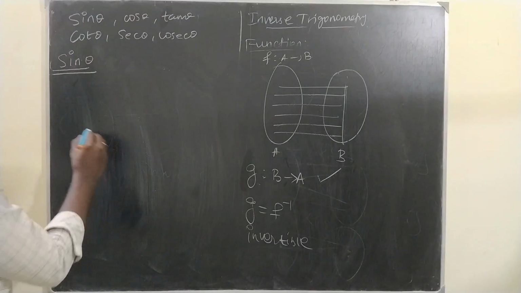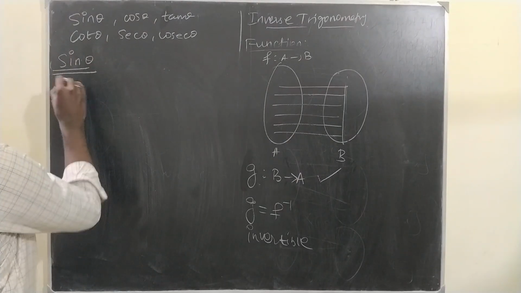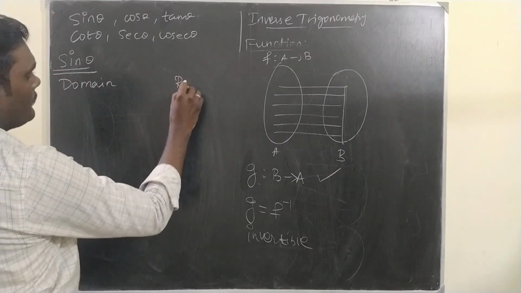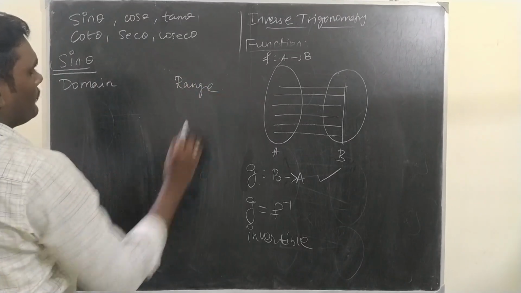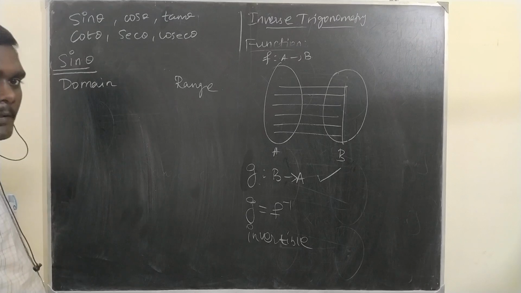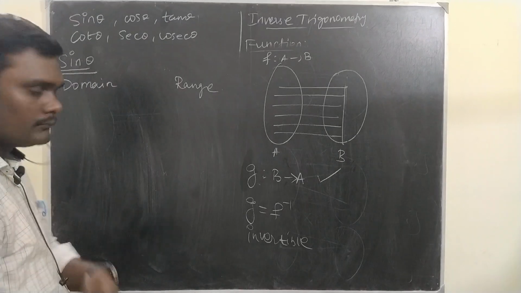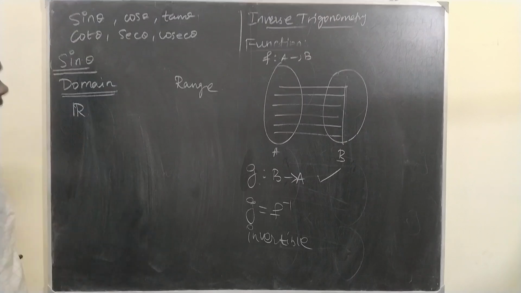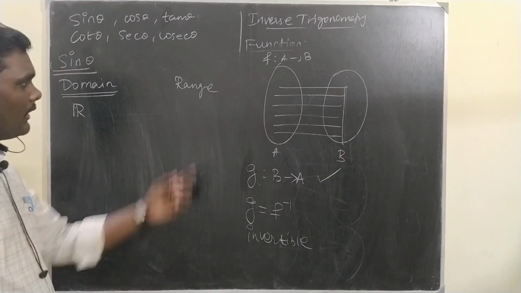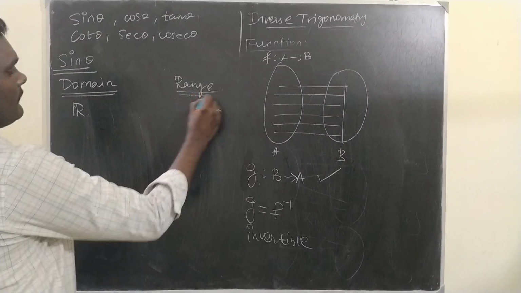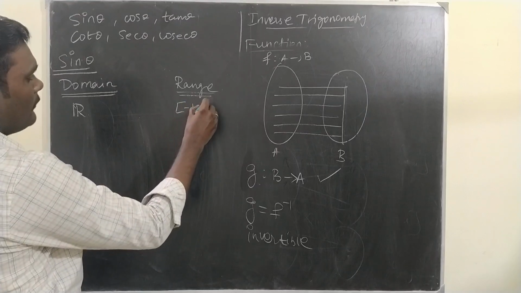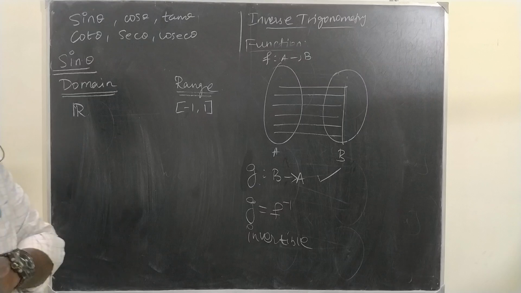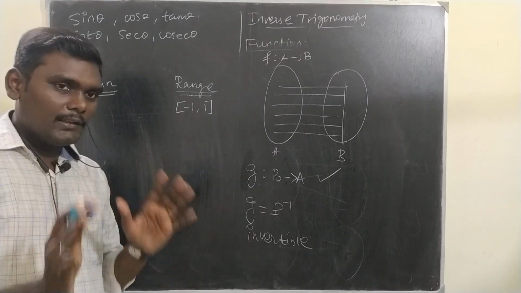How will you discuss it? What is the domain of sin theta? The domain is the real numbers, and the range of sin theta varies from -1 to +1. Listen closely.